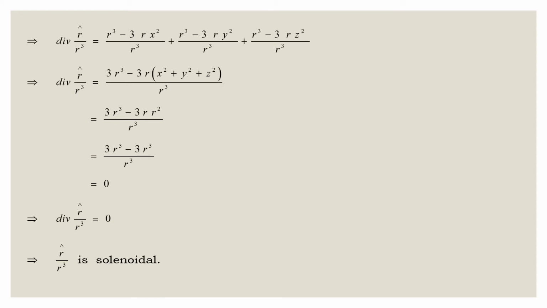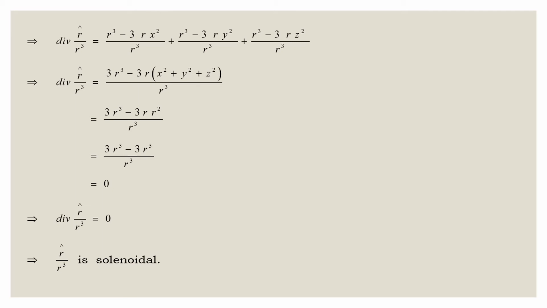To find out the divergence of the given vector field f equals r cap upon r cube, we have to substitute the values of dou f1 by dou x, dou f2 by dou y and dou f3 by dou z. So div f equals dou f1 by dou x plus dou f2 by dou y plus dou f3 by dou z. Let us plug in the values of these partial derivatives.